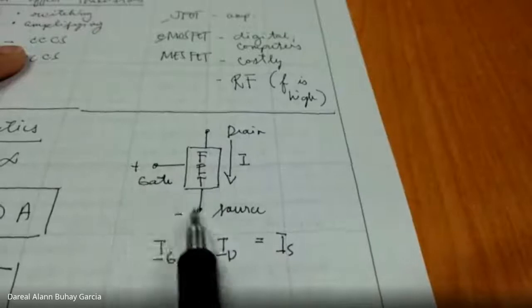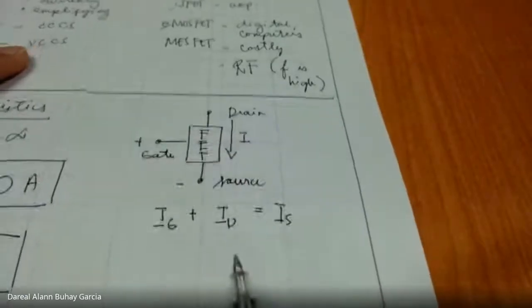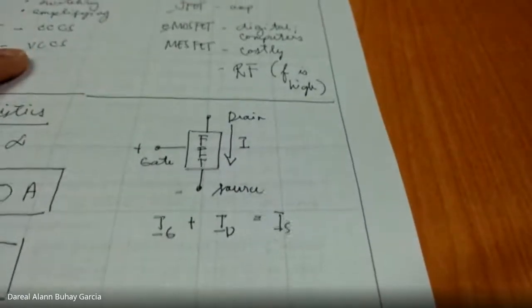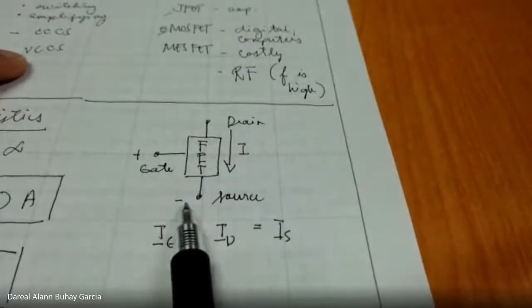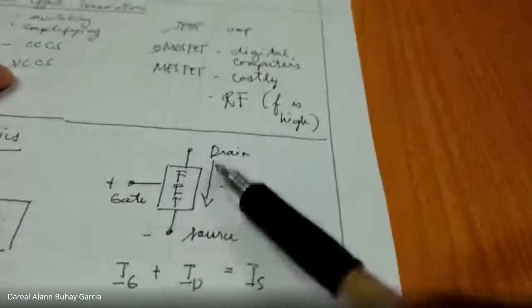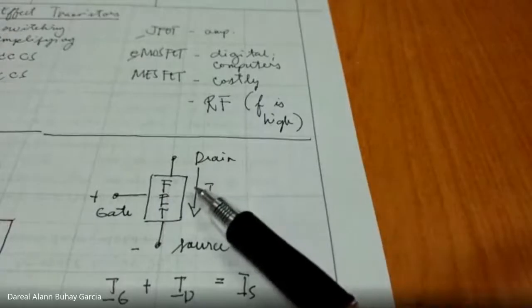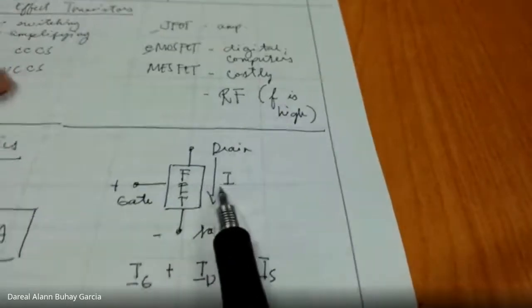Now, if we apply a sufficient amount of voltage across VGS, our current ID is cut off, it becomes zero.